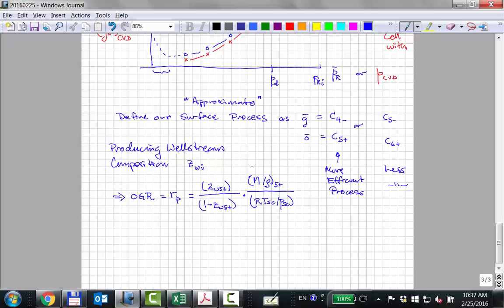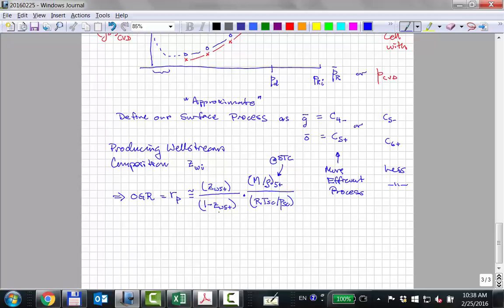This is the density at standard conditions, at stock tank conditions, 1 atmosphere and 60 degrees. So this equation gives basically barrels per million standard cubic feet, or standard cubic meters of condensate per million standard cubic meters of gas. You have to have some unit conversions, but this is basically the equation.